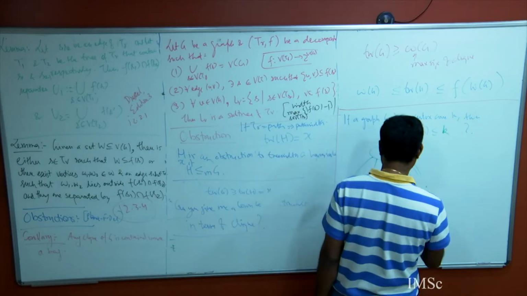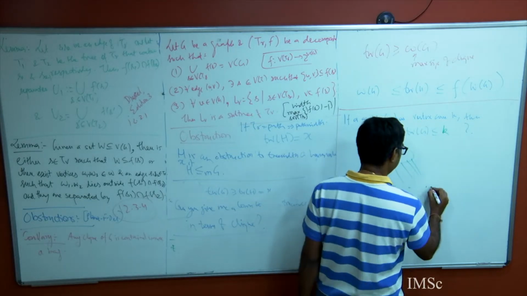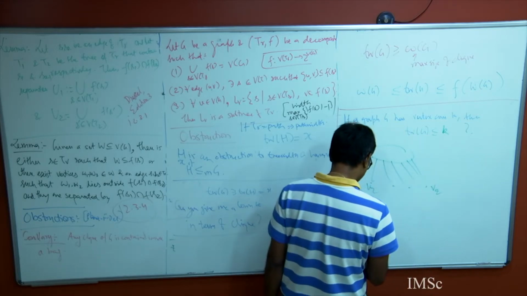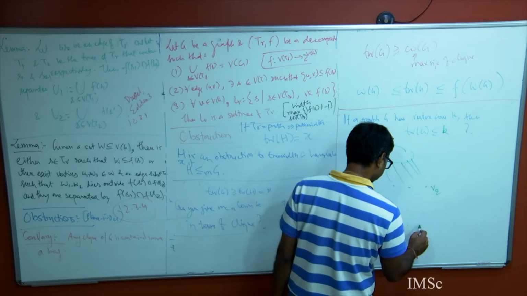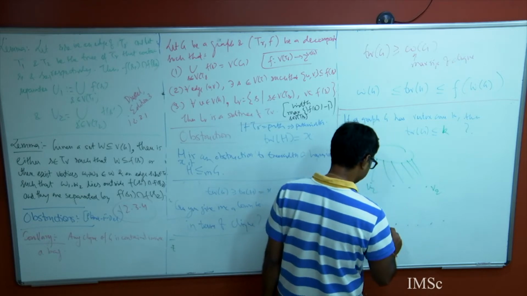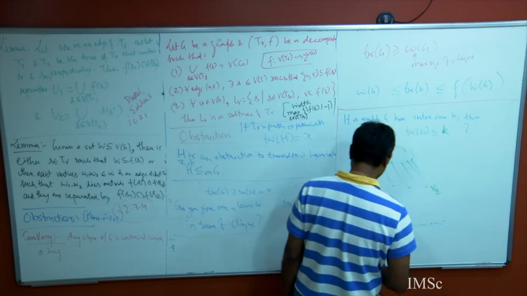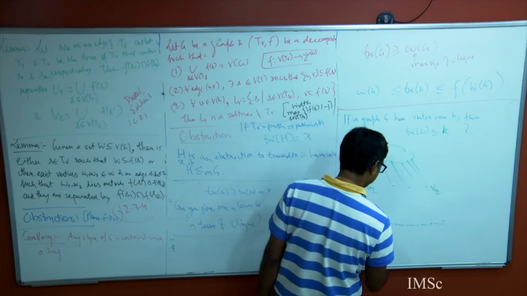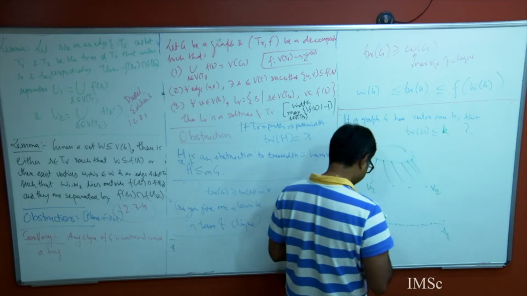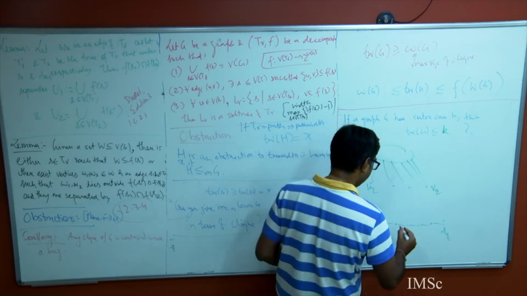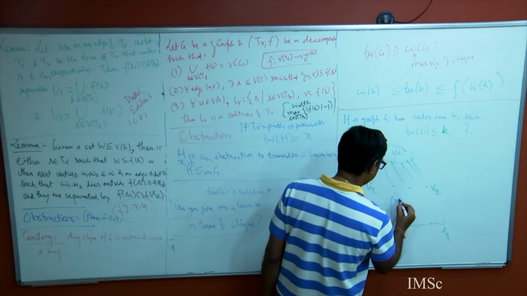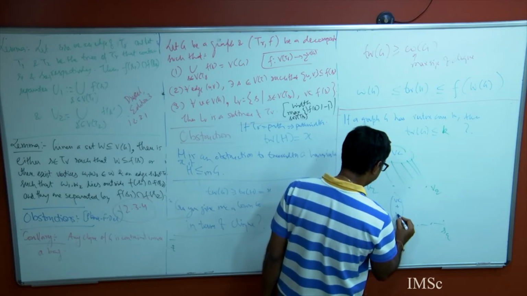Suppose I have V1, V2, up to Vq. Suppose I take a path and I call its nodes S1, S2, up to Sq. At Si, I map the vertex cover plus Vi.